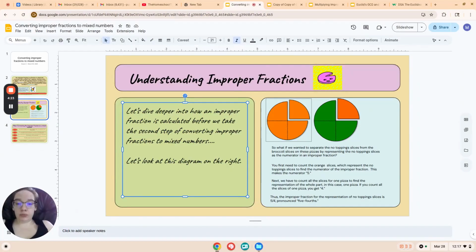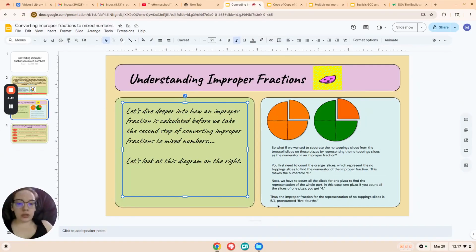You might not understand what that means yet, but all you have to know is right now you are counting the no topping slices, and then you have to count how many parts are in one whole, represented as one whole pizza. We see that there are 4 parts in a whole pizza, but there are 5 no topping slices.